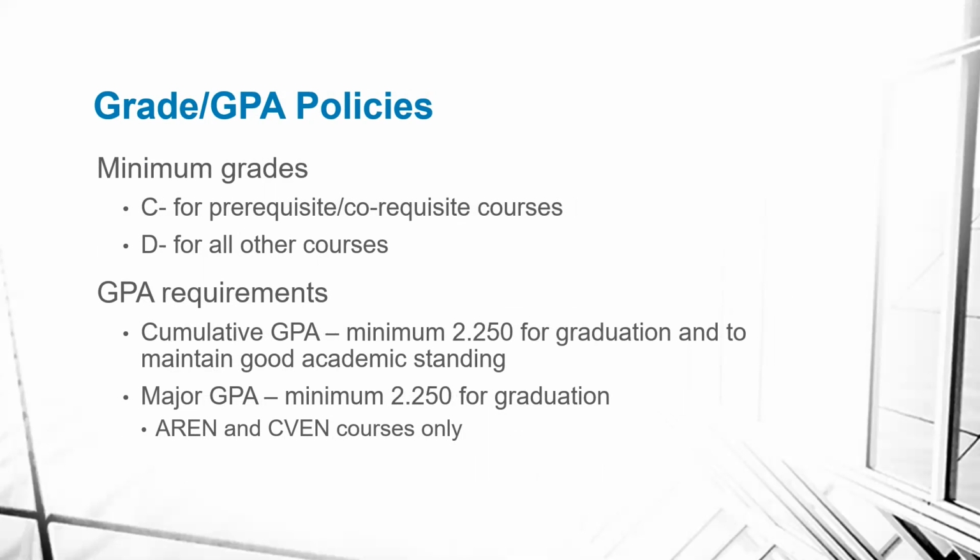Your cumulative GPA includes all University of Colorado coursework. It needs to be at least 2.250 for graduation, but also on an ongoing basis to remain in good academic standing. Your major GPA includes civil and architectural engineering courses only. It needs to be 2.250 for graduation, but does not affect your academic standing.